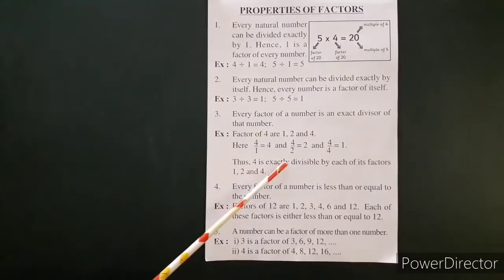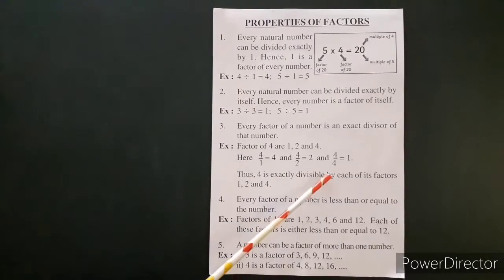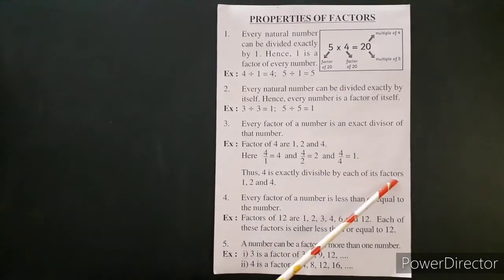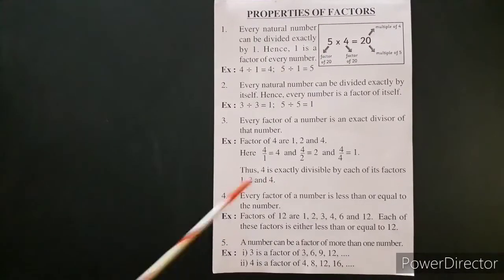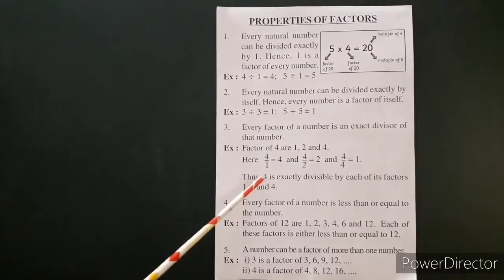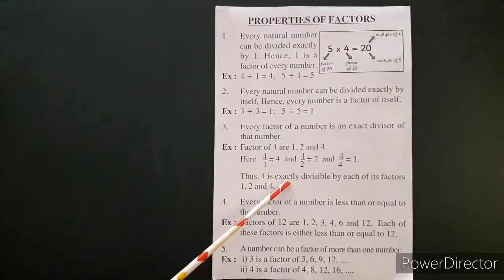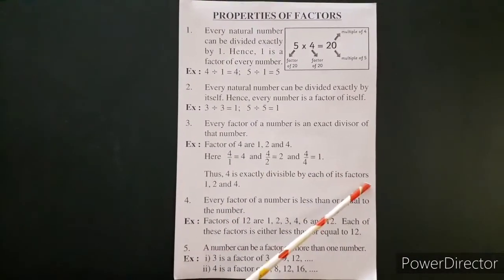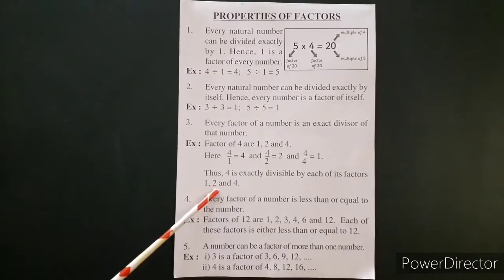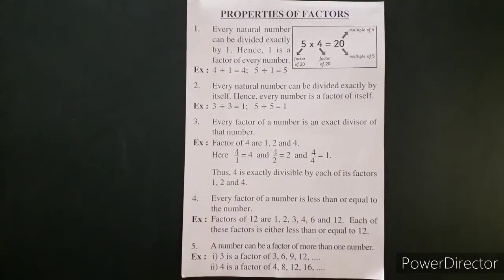Thus, 4 is exactly divisible by each of its factors 1, 2 and 4.